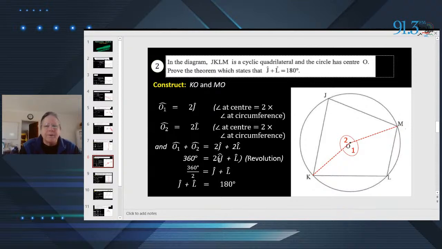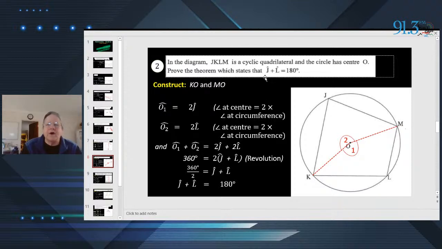So 2 open bracket J plus L, common factor. And we want J and L alone. So the 2 doesn't belong there. It's multiplied here, so we divide it on the other side. The 360 over 2 equals J plus L. And therefore, J plus L equals 180 degrees.